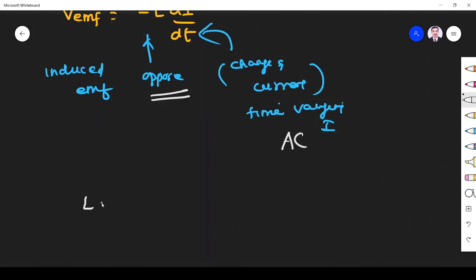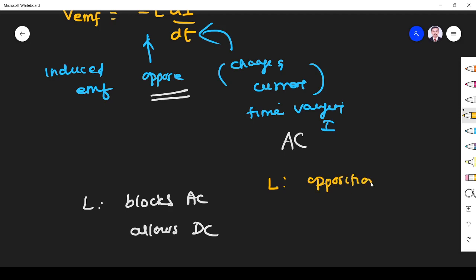Inductance blocks AC and allows DC. Simply, we can quantify L as opposition to the change in the current.